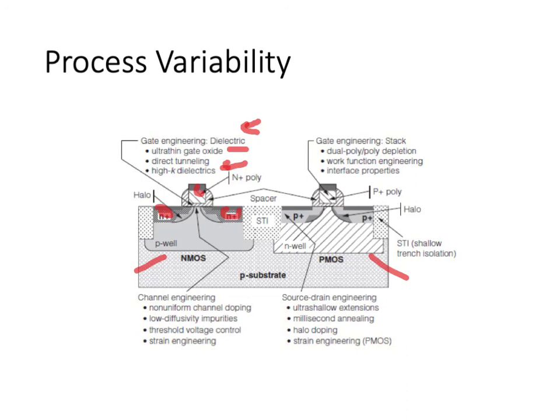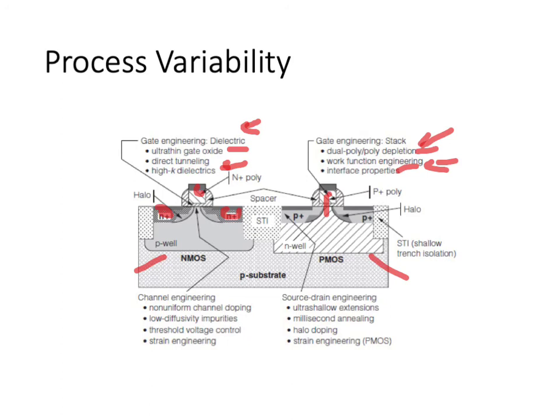These are dielectrics that are strained, so they undergo mechanical stress, and there's also some engineering on the depletion region of the polysilicon, and some work function engineering to control the interface properties between the gate contact and the dielectric and the channel.